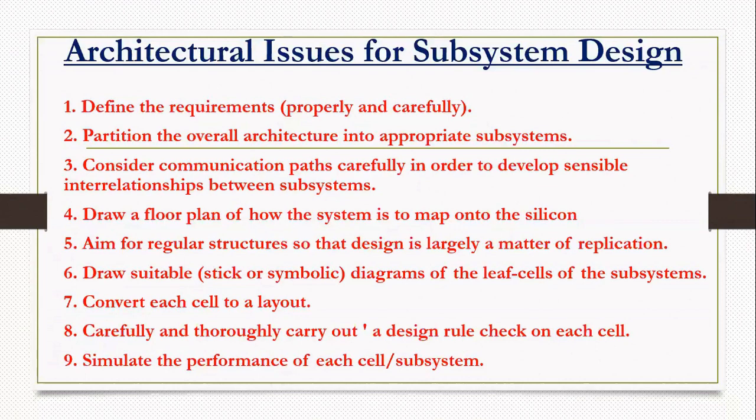Then we need to draw the layout diagram for all the subsystems, and we'll have to do a design rule check. Once the design rule check is done for all the modules, we'll have to simulate the performance of each cell present in the subsystem.